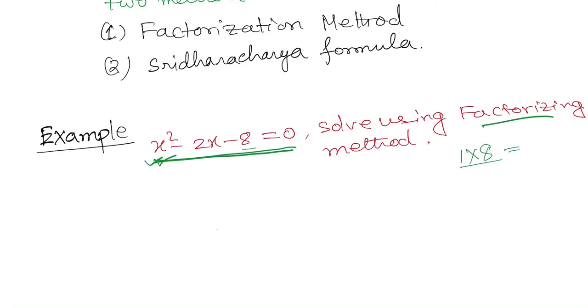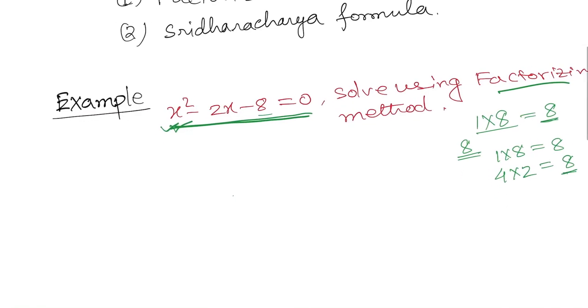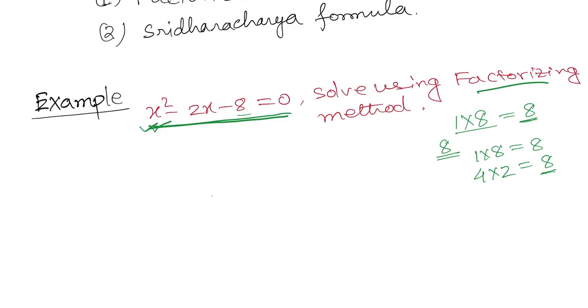So 1 into 8 is 8. Now this 8 you factorize. 8 can be factorized as 1 into 8, which gives 8, and second, 4 into 2, which also gives 8. These are the two ways you can factorize 8.